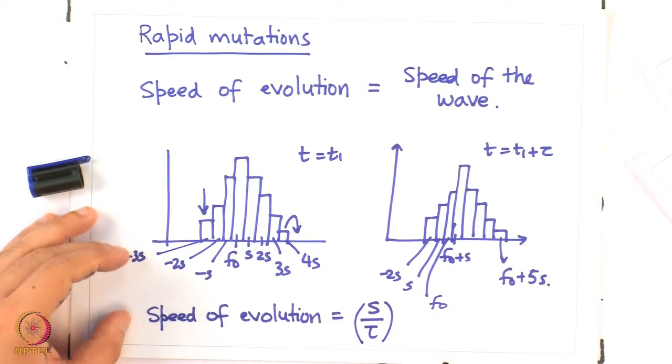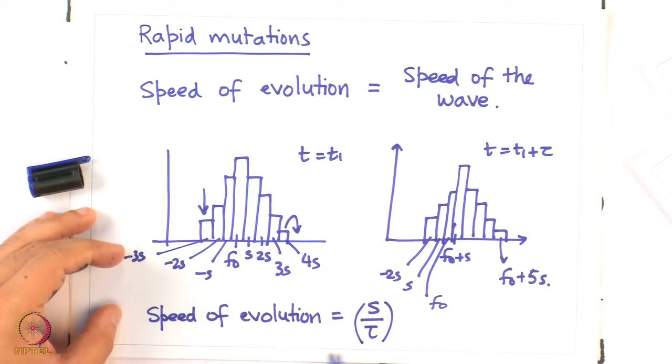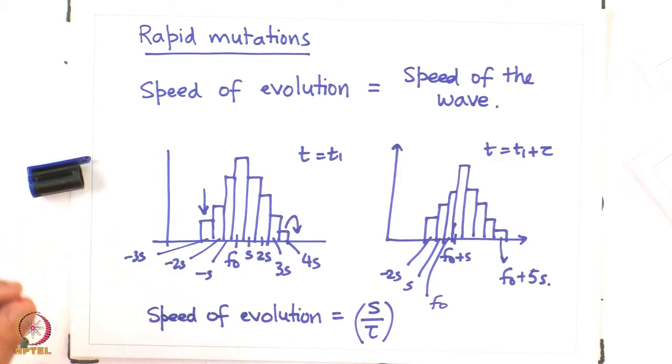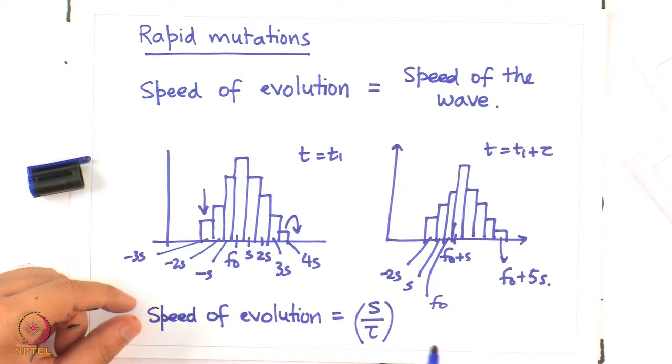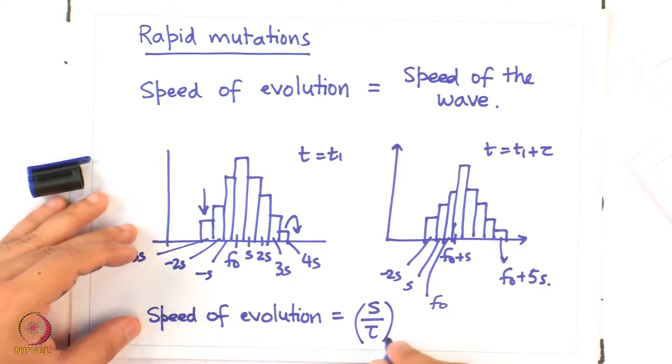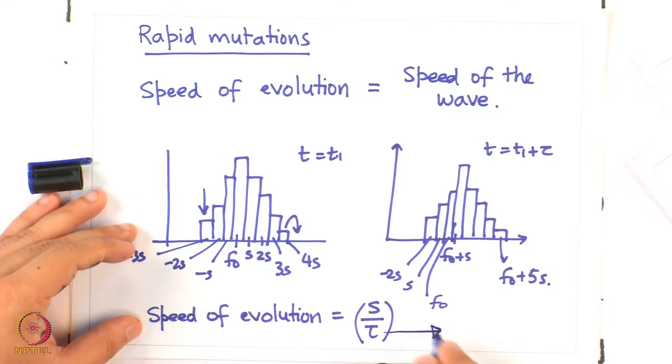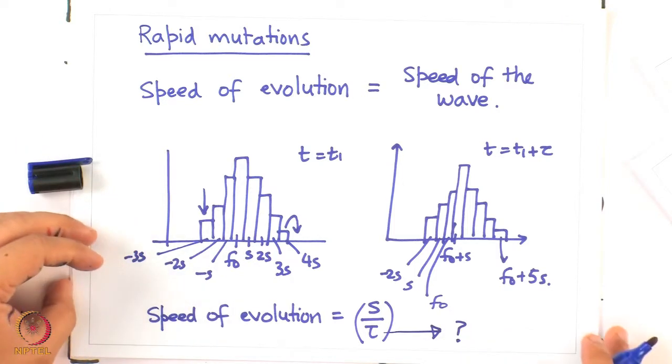Because the mean fitness has increased by s, and we can say that because fitness of every individual in the population has increased by s, hence the mean increase is also s, and that change has happened in time tau, which gives me the speed of evolution, which is the rate of change of mean fitness with time, equal to s by tau. And what we will do now is try and develop an expression for this tau. We do not know what this tau is, and that is what we will try and develop and quantify next.